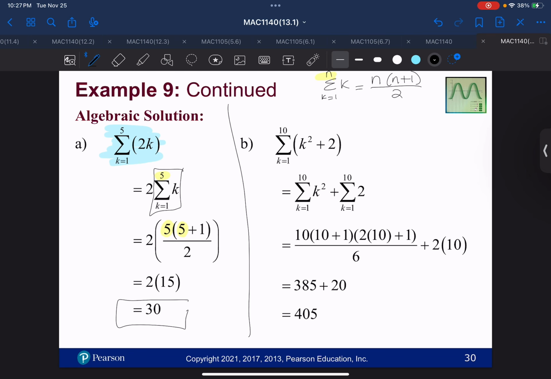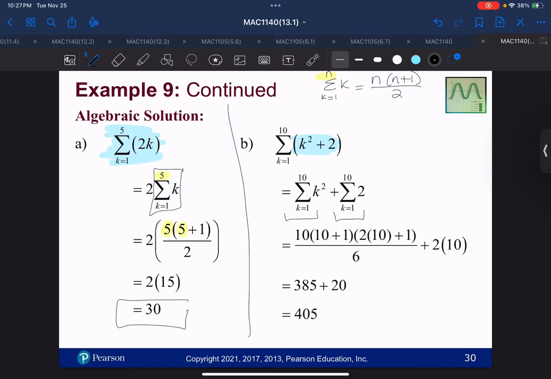The next example is the summation of k squared plus 2. We're starting at k equals 1 and stopping at 10. So again, the first thing I can do is use the properties and break this up into two summations: the summation of k squared plus the summation of 2.